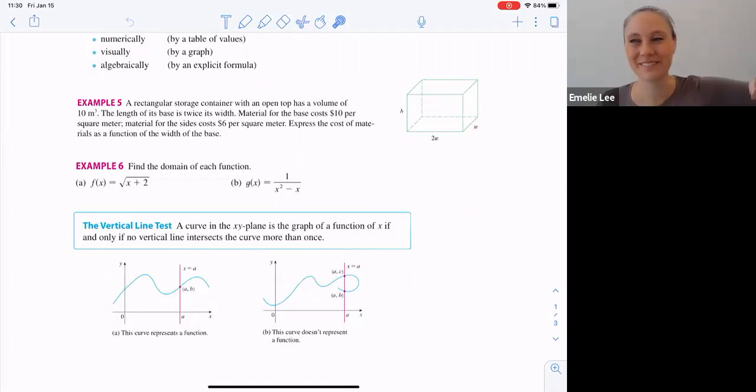You only need to remember one of them to remember the other. You need to be able to draw a vertical line at any point on the graph, and it should only intersect the graph once. That's just a graphical check of whether each input x only yields one output y.